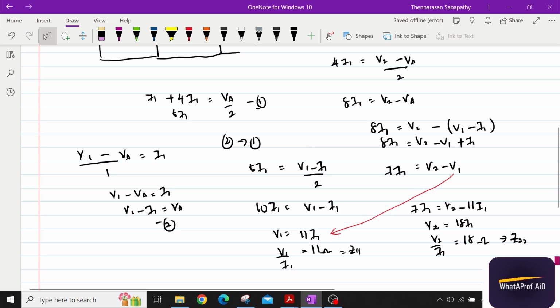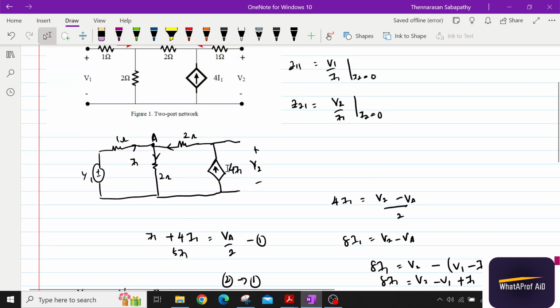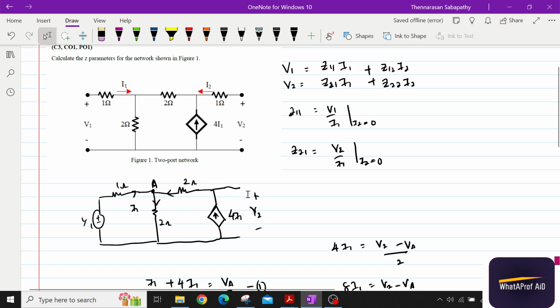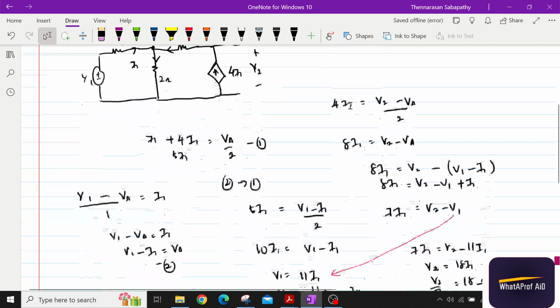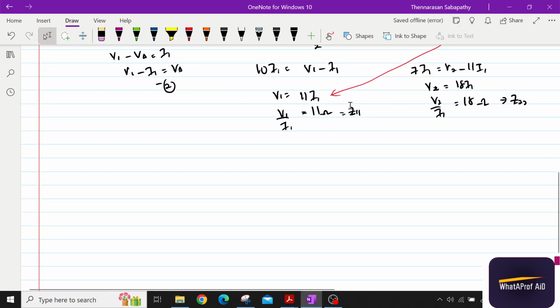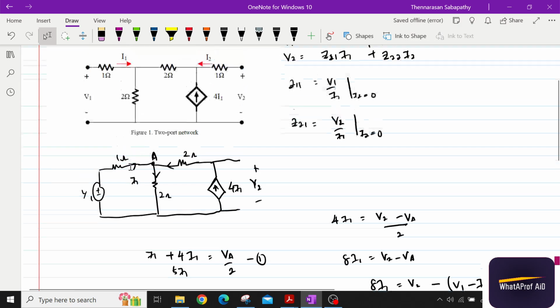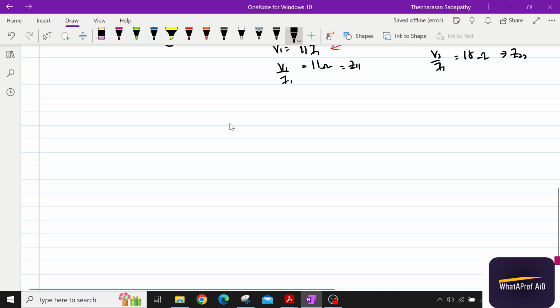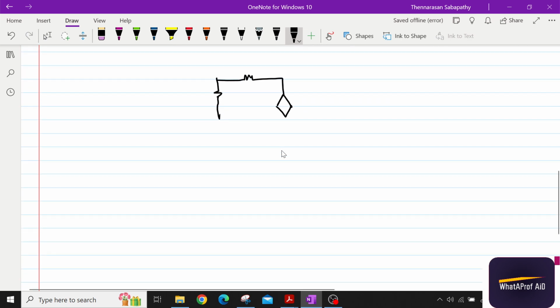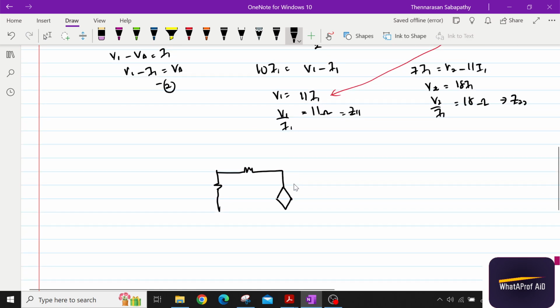So this solution we got after we make I2 equals to 0. For the first case we find Z11 and Z21, and for the second case we will turn off the source on the other side. So you will have this resistor, and then this current source over here. This current source is also eliminated.